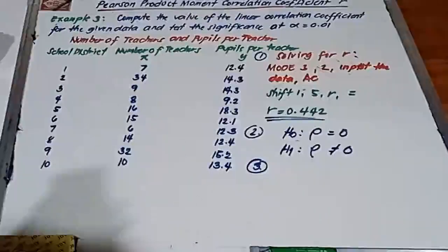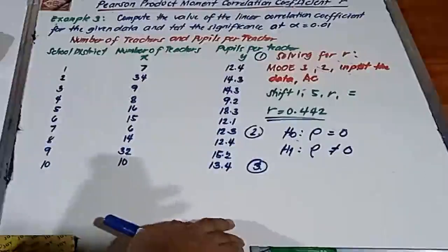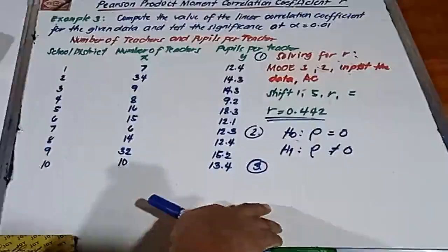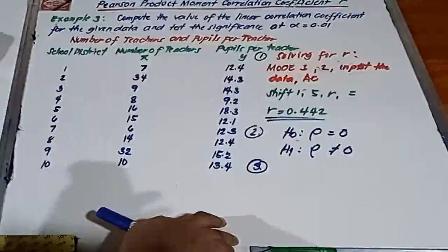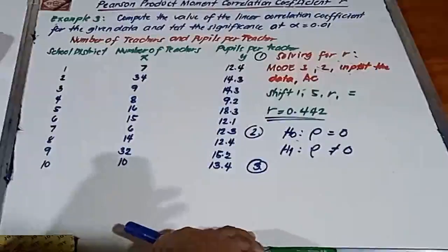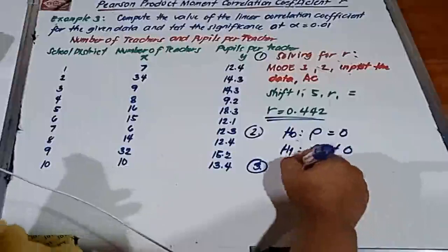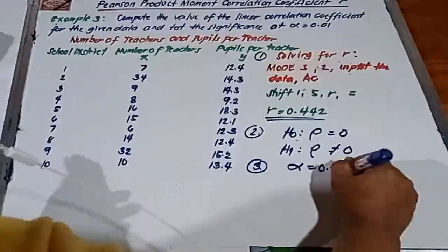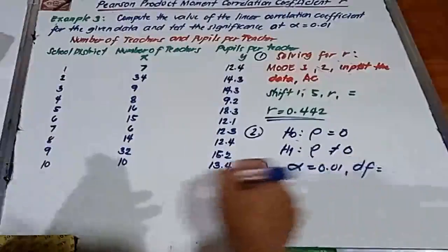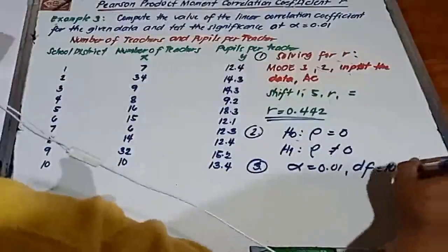So by the way, pwede natin gamitin yung example 1 natin in testing the null hypothesis o testing our significance of relationship. And pwede rin naman yung table F ang ginamit ko doon. Sa example 2 and 3, gagamitin ko table I. Okay? Ang ating alpha is equal to 0.01. Degrees of freedom natin is 10 minus 2, equal to 8.